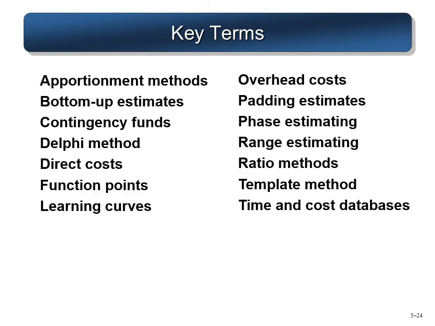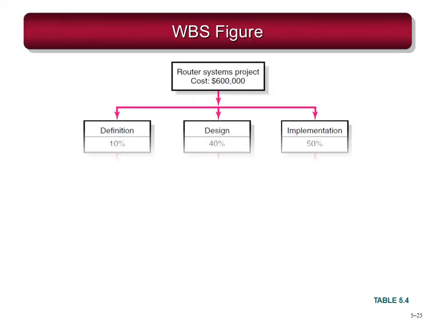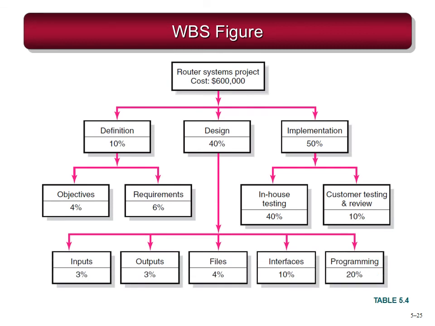Now these are the key terms which we have dealt with in this project. This figure shows a WBS. This is level 1. We have levels 2, 3 and 4.